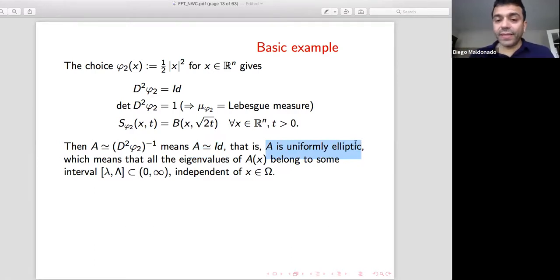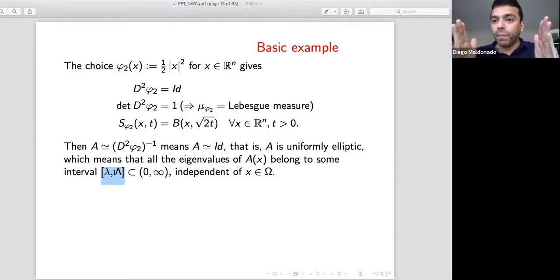It means that there are two numbers, lambda positive and big Lambda finite, such that all the eigenvalues of A of x are in this interval, where the left endpoint is away from 0 and the right endpoint is away from infinity.